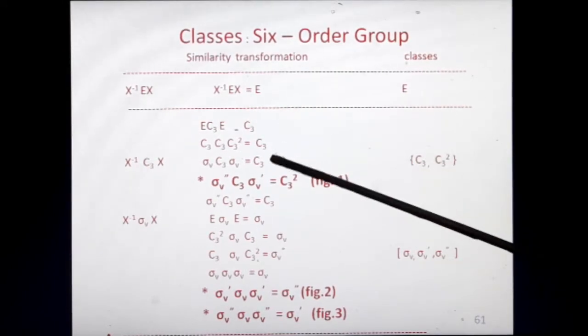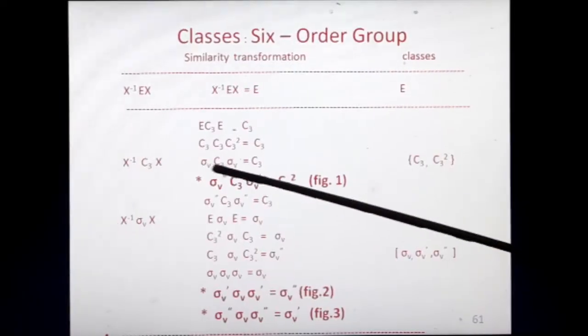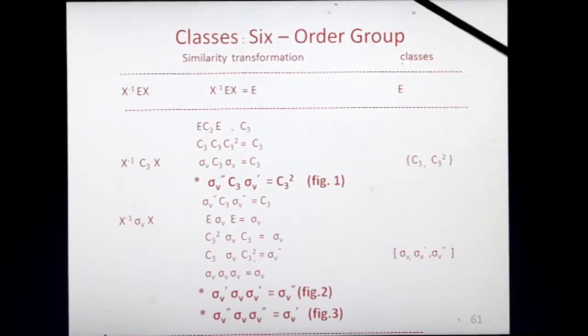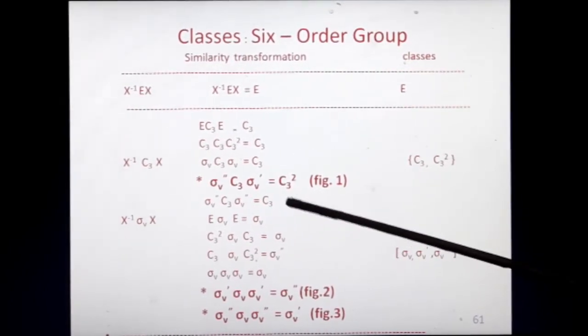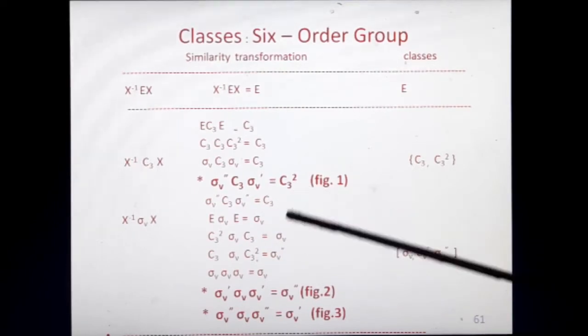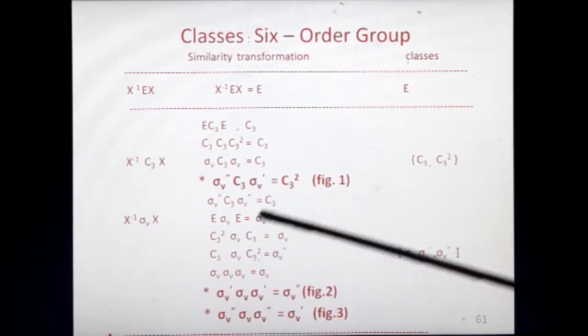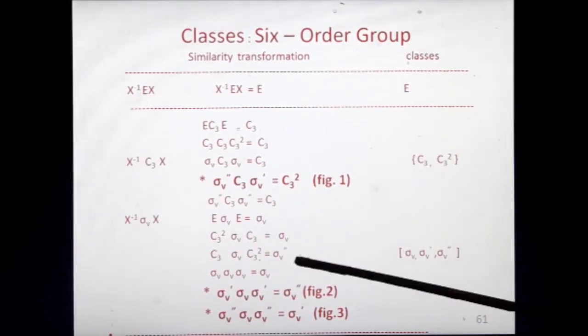Now these are examples in which C3 is conjugate with C3, by operating E, C3 squared, and the inverse of it, giving C3. This shows that every element is conjugate to itself. In these similarity transformations, it also shows that every element is conjugate to itself.